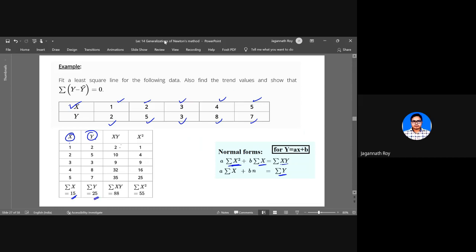For x into y, 1 into 2 is 2, 2 into 5 is 10, 3 into 3 is 9. In this way, this becomes 88. And then x square: 2 square equals 4, 3 square equals 9. Similarly, we get this to be 55.